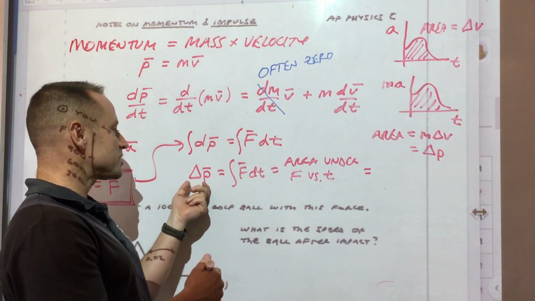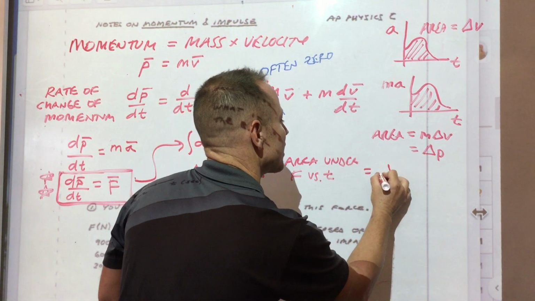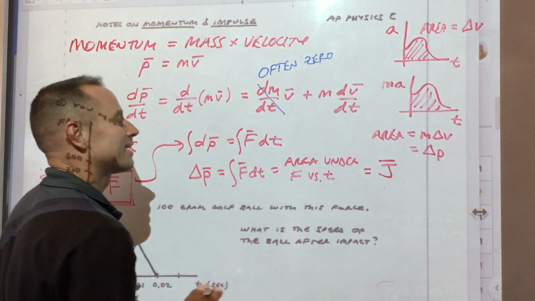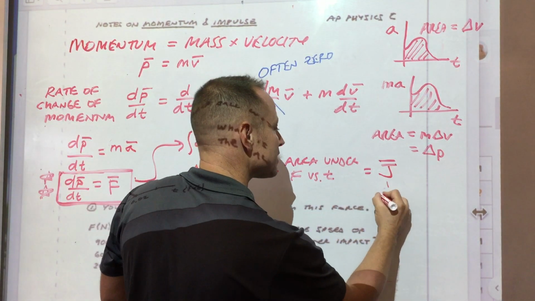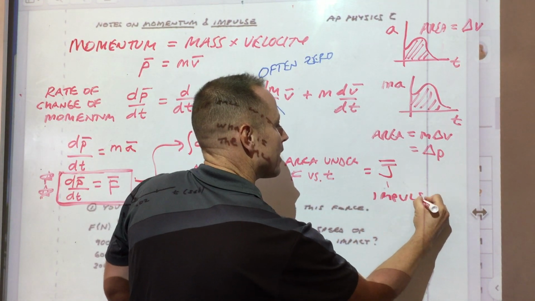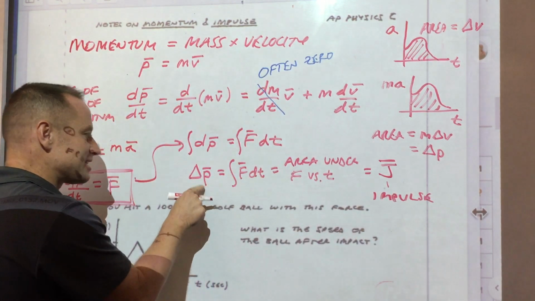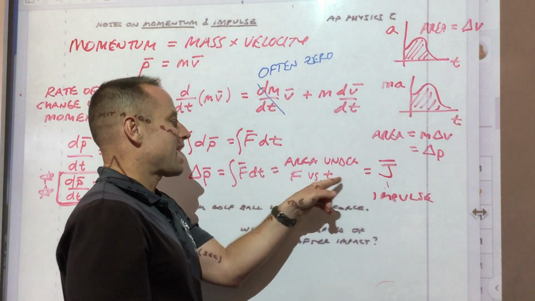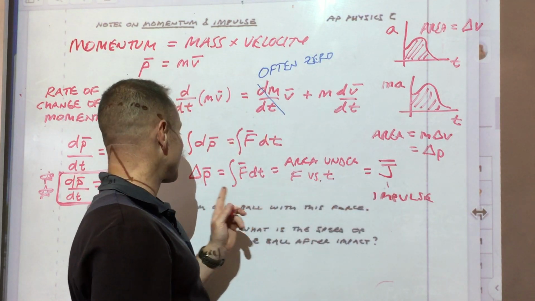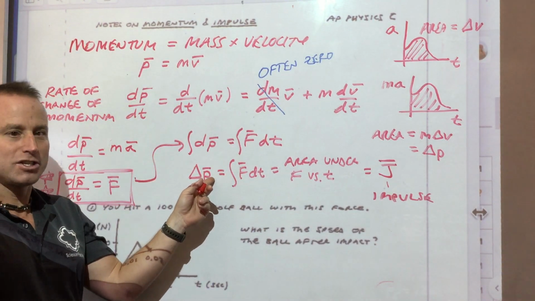That's called the impulse, and they've denoted it with a capital J. This is what's called impulse, but it really is just this. So anytime I see this, I immediately translate in my mind to it is just the change in momentum.